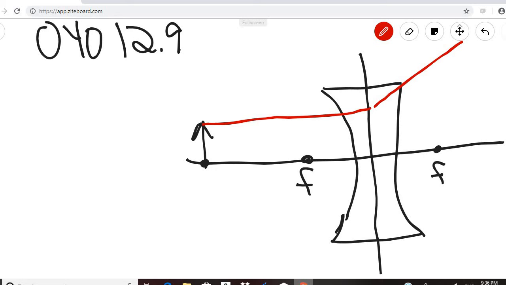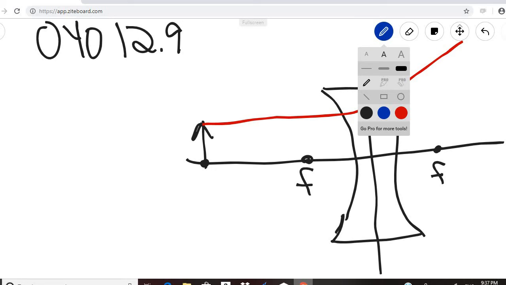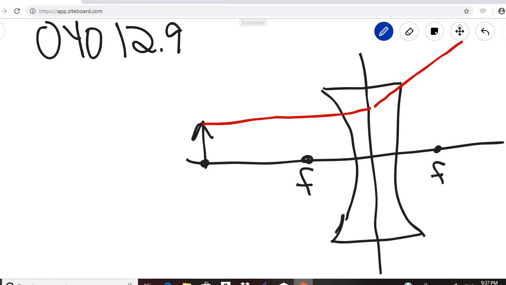And then the next one will go in as if it were going to go through the focal point, and then it will exit horizontally. So the blue one will be heading toward the focal point.